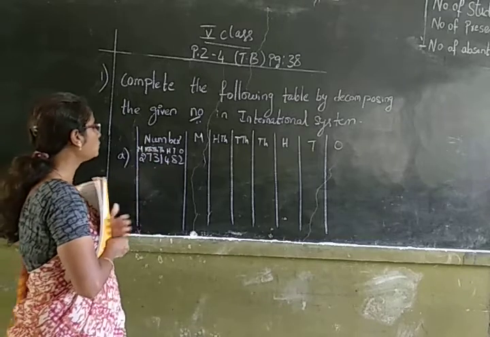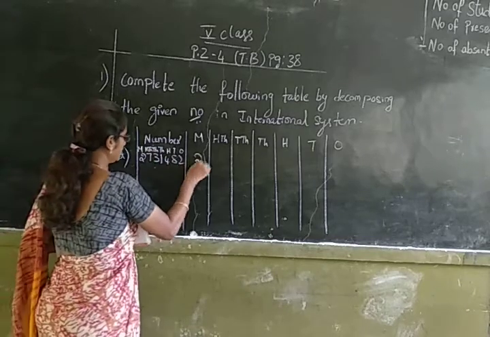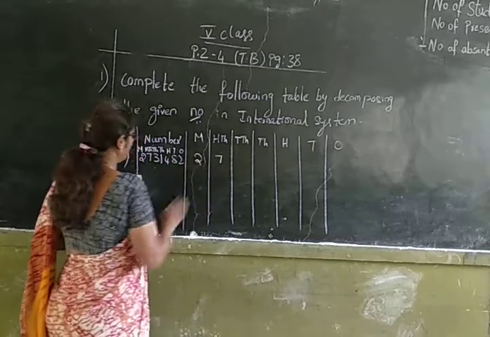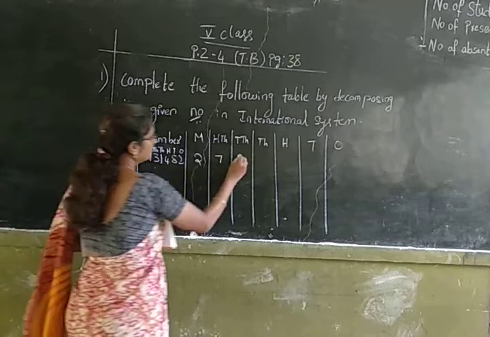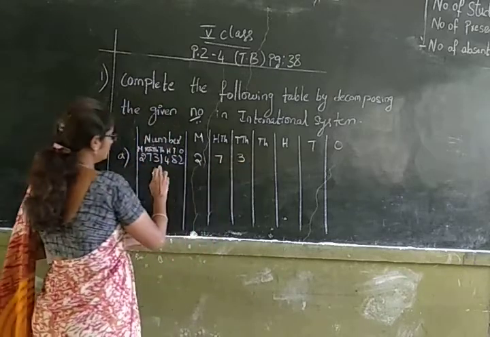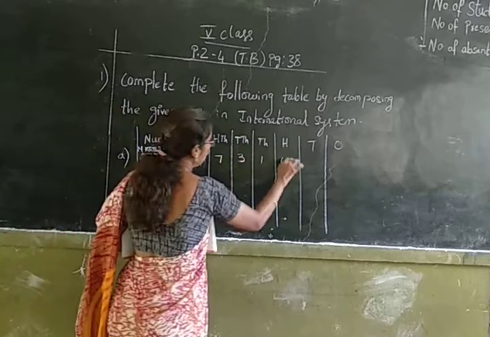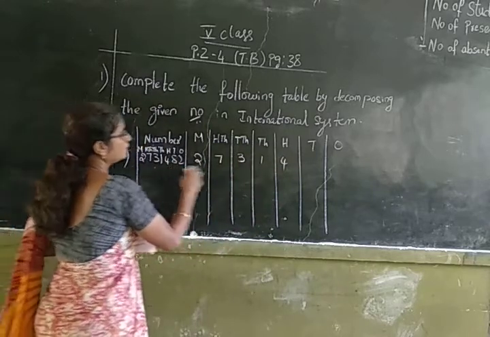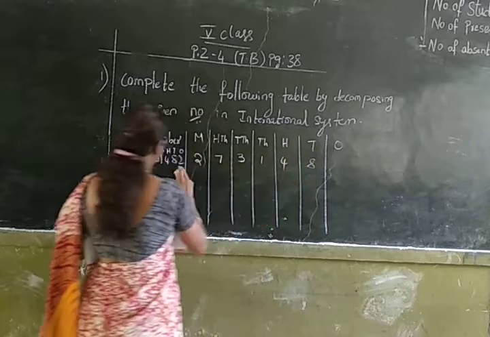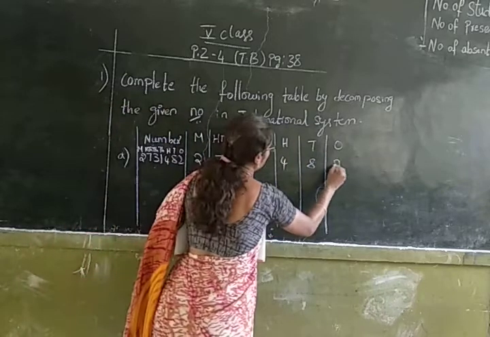So I have to write 2 in millions place, 7 in 100,000s place, 3 in 10,000s place, 1 in thousands place, 4 in hundreds place, 8 in tens place, and 2 in ones place.